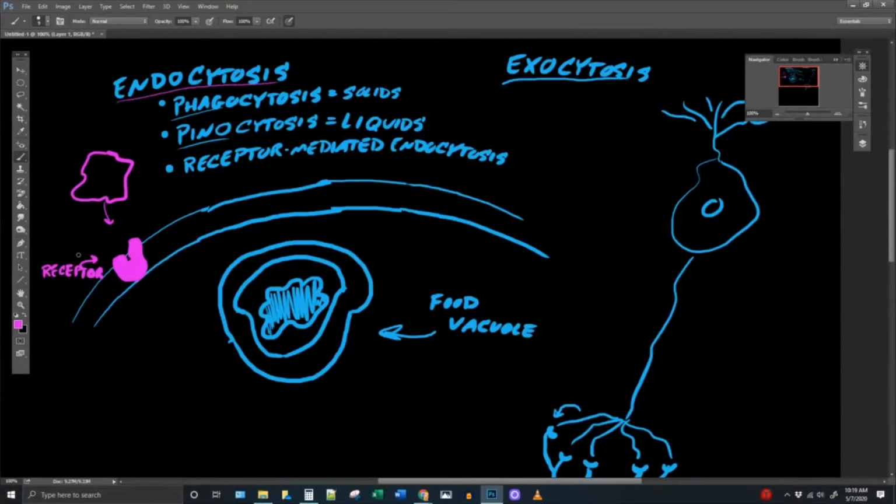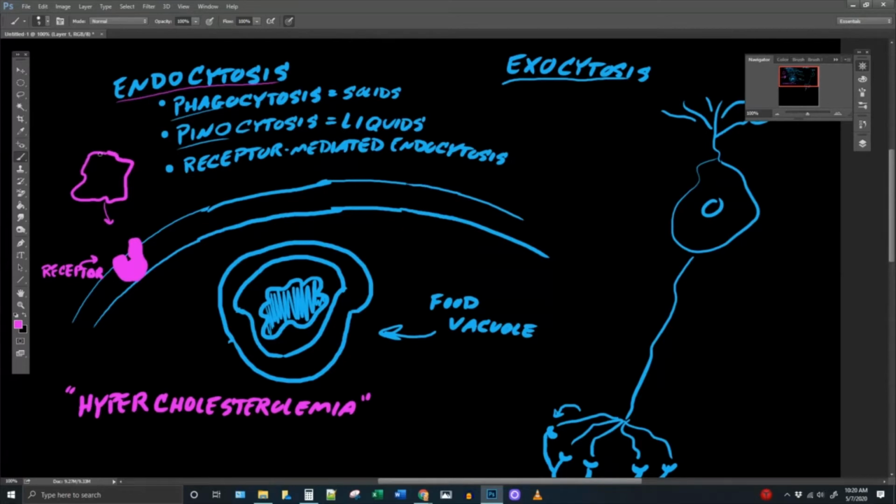And we saw an example of that when we were talking about genetics with people that have hypercholesterolemia. They don't make the receptors on their cell surfaces that detect the presence of these low-density lipoproteins.